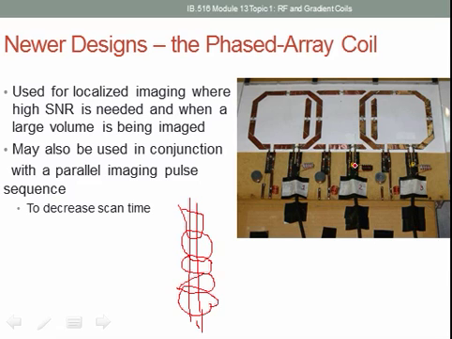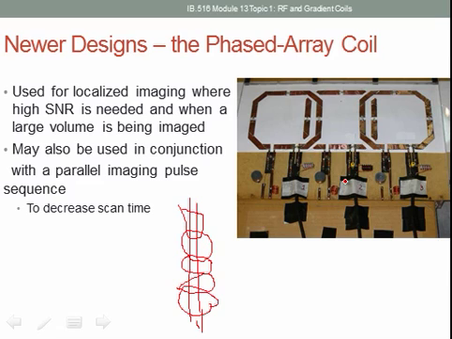So each coil has to be excited, but what's important, and the reason you see this overlap here, is because if you didn't have overlap, the coils would talk to each other through this metric called mutual inductance, and you don't want to have this mutual inductance. So they've overlapped them in order to reduce that mutual inductance, and so they act more independently.